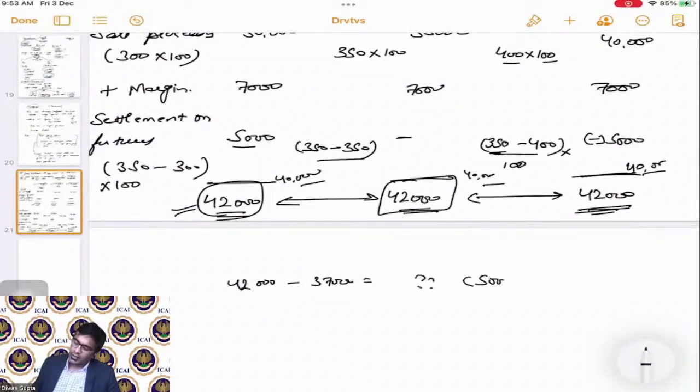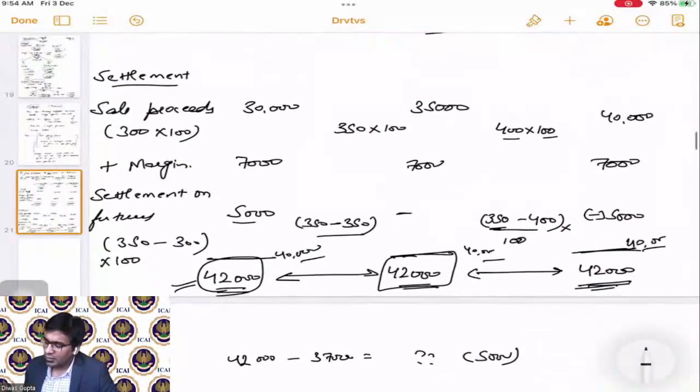We are earning 5,000. My question is, in all the cases, why is this 42,000? Can anyone observe and tell me?